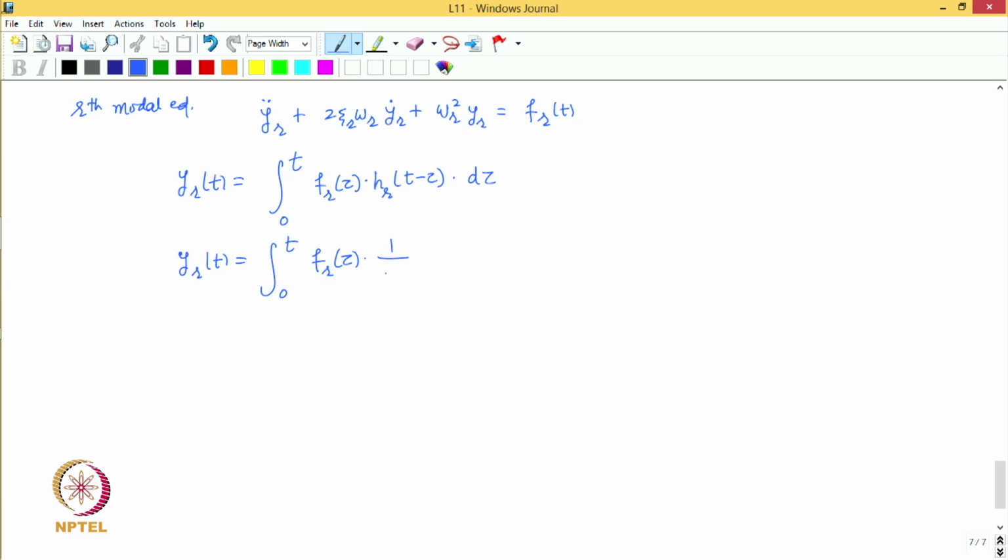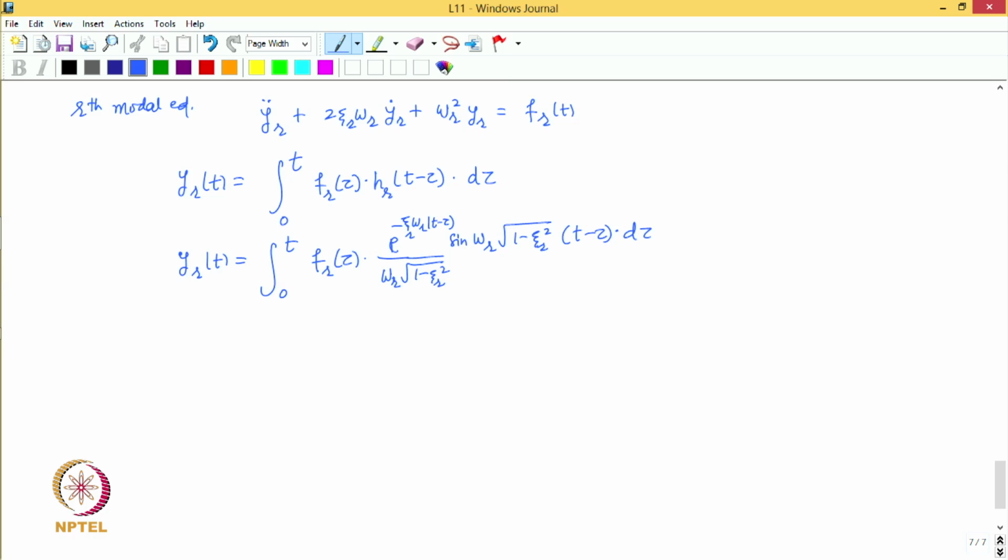So, m is 1, and then we have omega r, that is the natural frequency of Rth mode, into square root of 1 minus zeta r square, right, into sine omega r under root 1 minus zeta r square, right, and then we have t minus tau, right, into d tau, and I also have e to the power minus zeta r omega r t minus tau, that term is also there in the numerator. So, this becomes now the modal response.